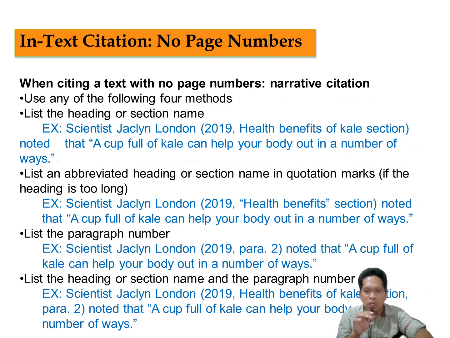Use the abbreviated heading or section name, and then for number 3, list the paragraph number. Okay, and then you have also the other one, list the heading or section name and the paragraph number. So you see there the example.